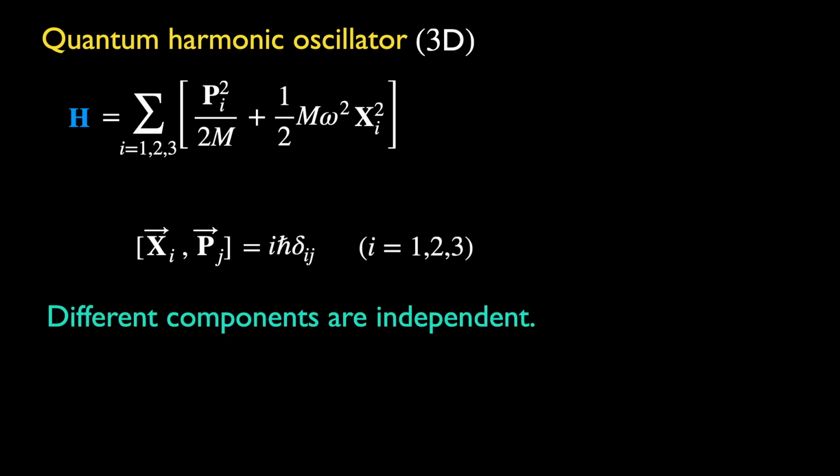Variables associated with different spatial directions simply commute. Therefore, it makes sense for us to first study just one component of the motion, then extend the results to three dimensions, which should be quite straightforward since all three components have identical Hamiltonians.